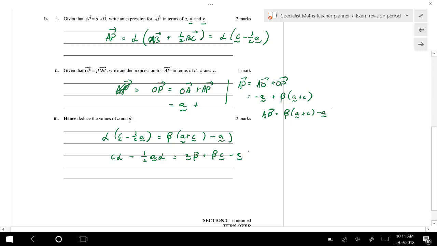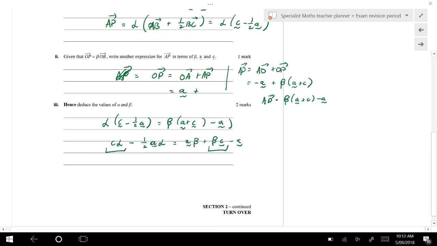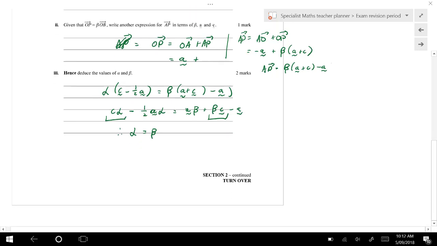Now you can see here, look at the C's on the left-hand side and the right-hand side. You can see there that there is only one vector C on each side. So therefore, alpha is equal to beta. So now I'm going to replace beta with alpha.